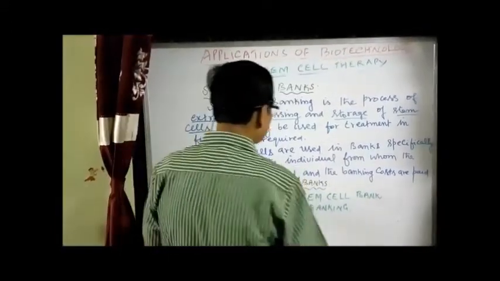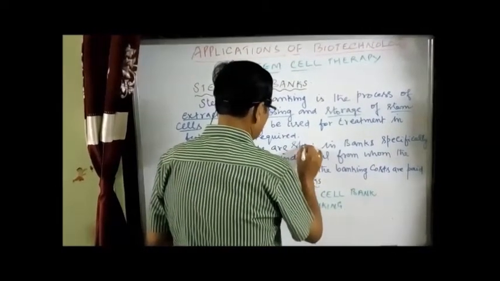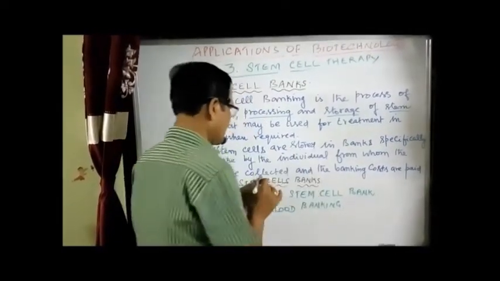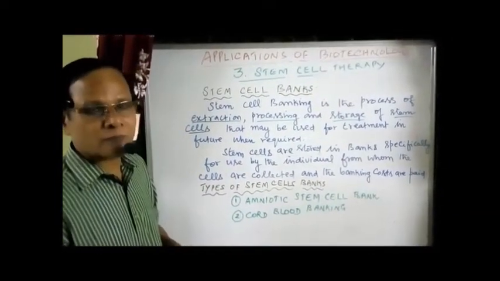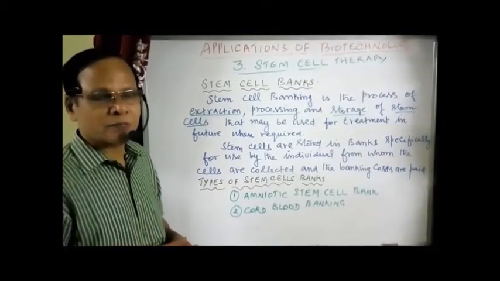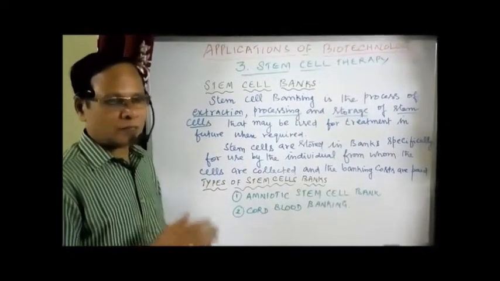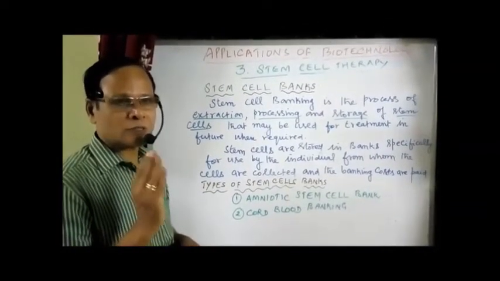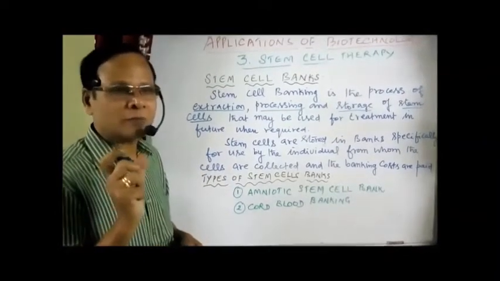What's the main purpose of storing the stem cells? Stem cells are stored in banks specifically for use by the individual from whom the stem cells are collected, and the banking costs are paid by that individual. So every individual has a right to store their own stem cells in the stem cell bank. For that they have to pay the money.